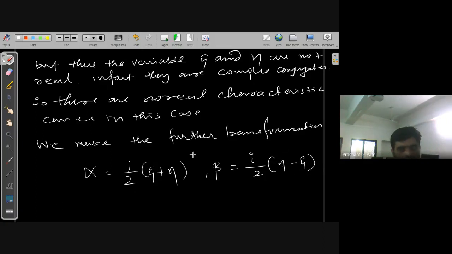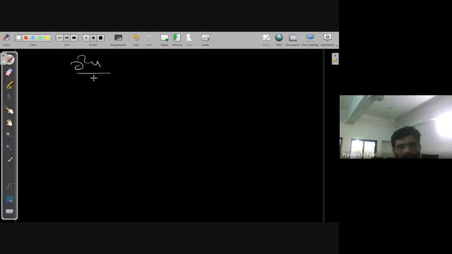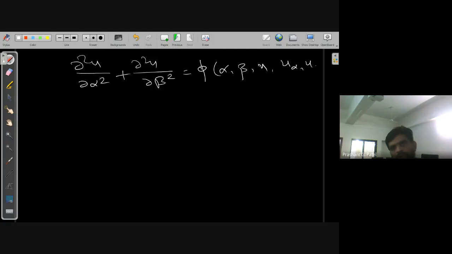Then, if we assume this alpha and beta, equation 2 reduces to del square u by del alpha square plus del square u by del beta square equal to some function of alpha, beta, u alpha, u beta. In this case it is of elliptic type, and the example is the Laplace equation.